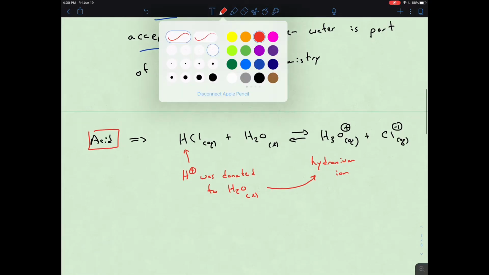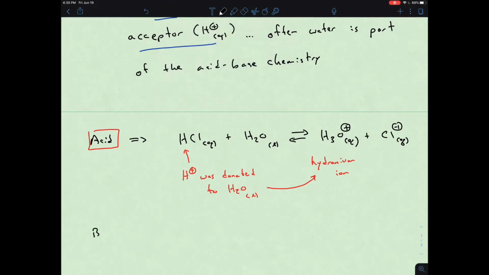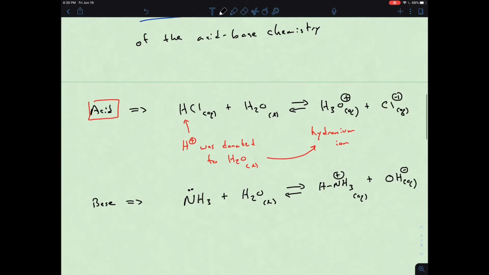A base, for example: ammonia is a base, and it also can react with water to produce ammonium plus hydroxide.